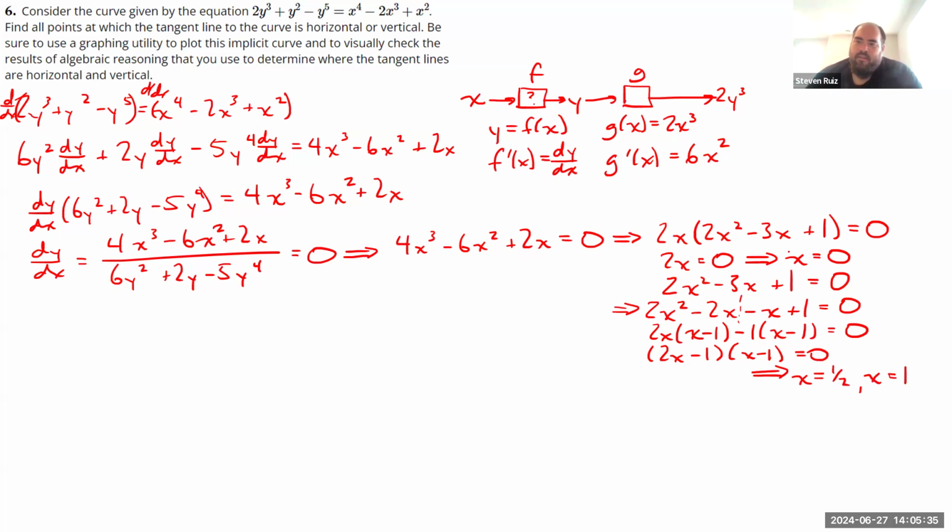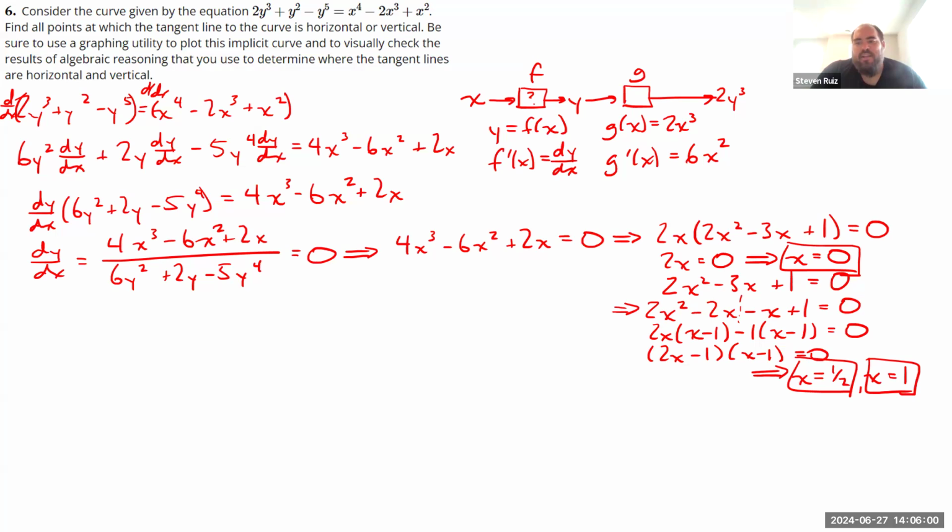So I'm not going to promise this yet, but I have 3 candidates for where I might have horizontal tangent lines: x equals 0, x equals a half, and x equals 1. For now, I'll leave that as is. By the time this video is over, I will use Desmos to show that the points I have actually work out.